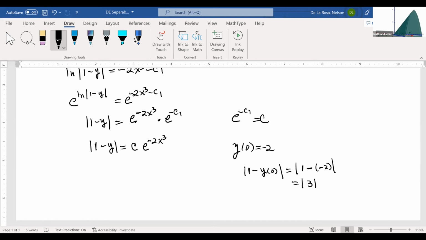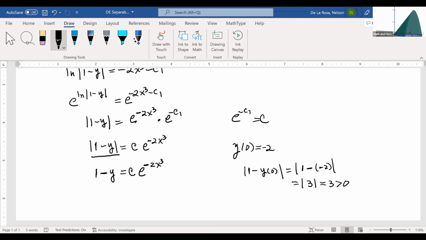The inside of the absolute value is positive, and then this term for the given condition is going to be positive. So we can get rid of the absolute value and write it as 1 minus y equals c e to the negative 2x cubed.